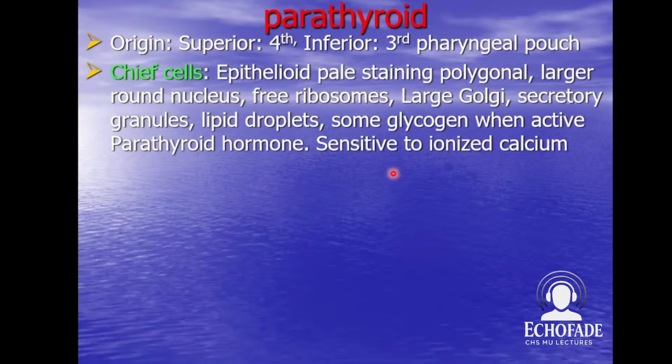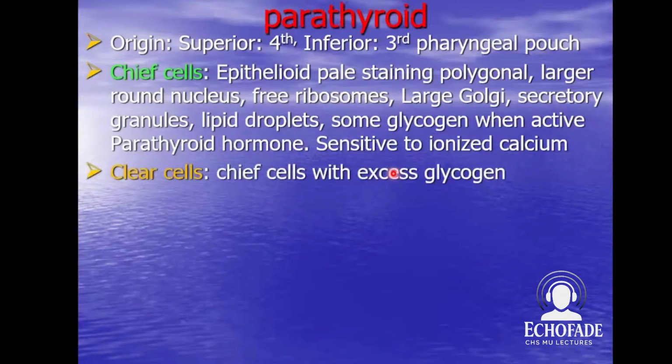So those are chief cells, slightly pale staining because of lipids, basophilic because of the ribosomes. The other cell types are clear cells.